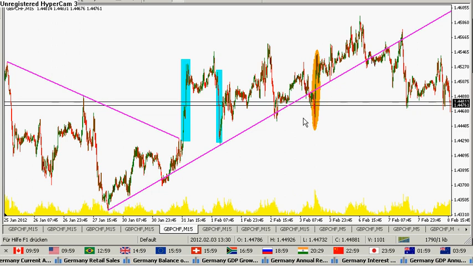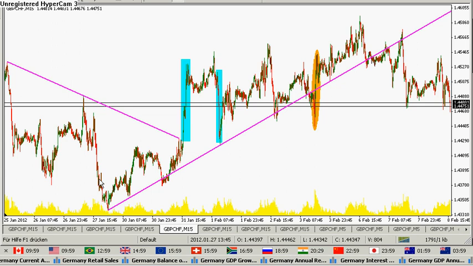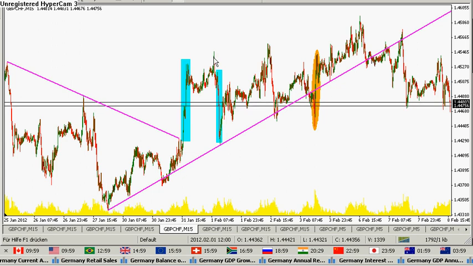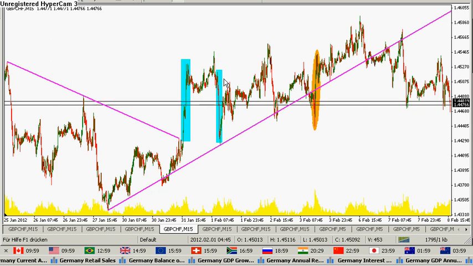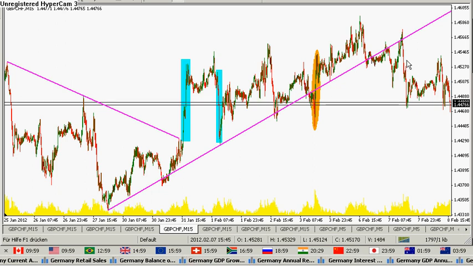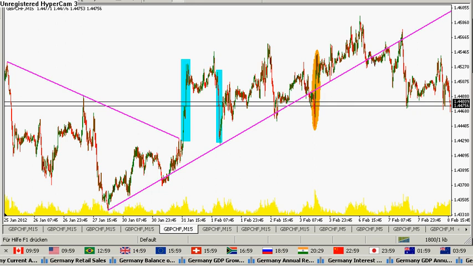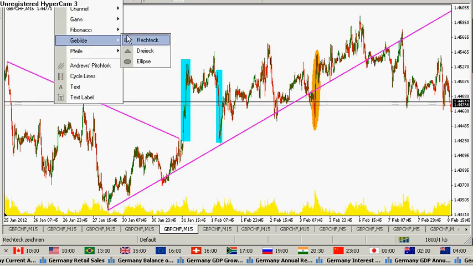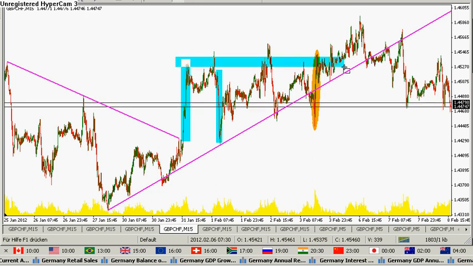So you can argue that we've got here the fight between the bears and the bulls. Slowly the bulls run out, but still sideways. We could also create here a sideways trend, for example like here.